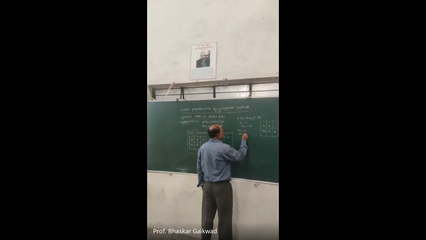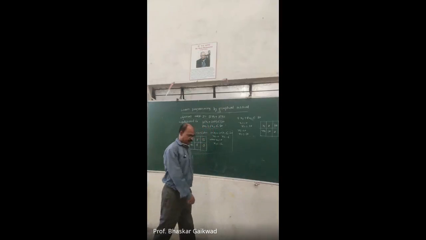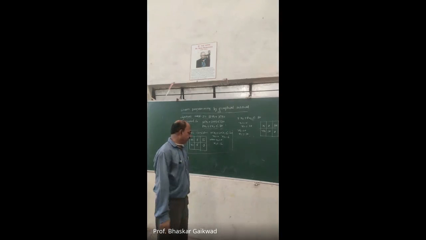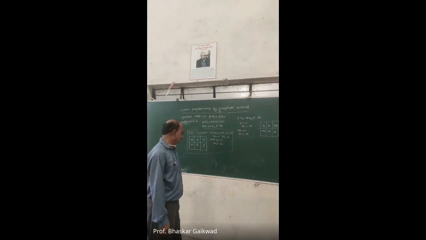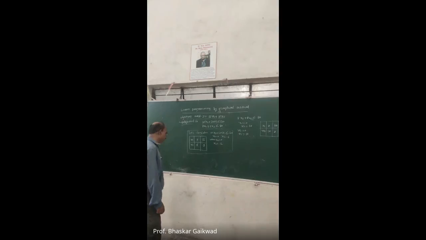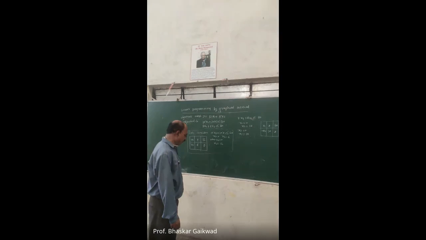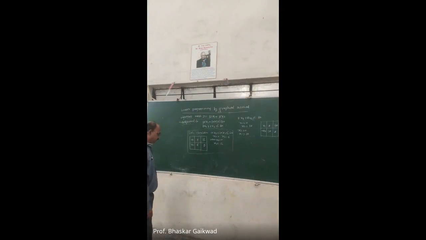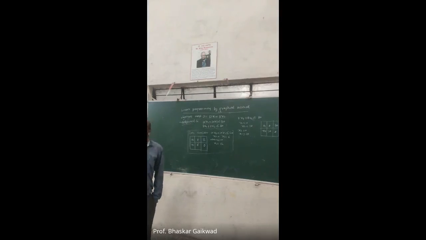Again, here it is 10. Yes, correct. Is there anybody having any problem? No problem? It is clear now? Okay. Now we'll go for making one graph related to this.